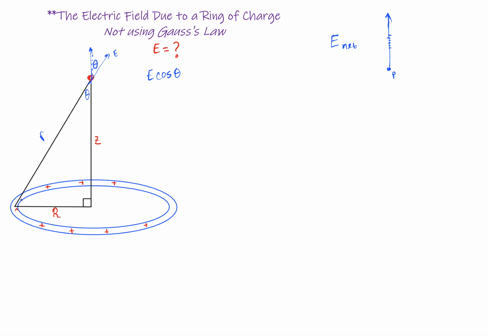Now, the one that I've drawn right here is only due to this little point charge portion. And so I have to really call that dE. So it's a differential, a tiny little piece of the total electric field. But all of the cosine components to that angle are the ones that I'm going to use to figure out the value.